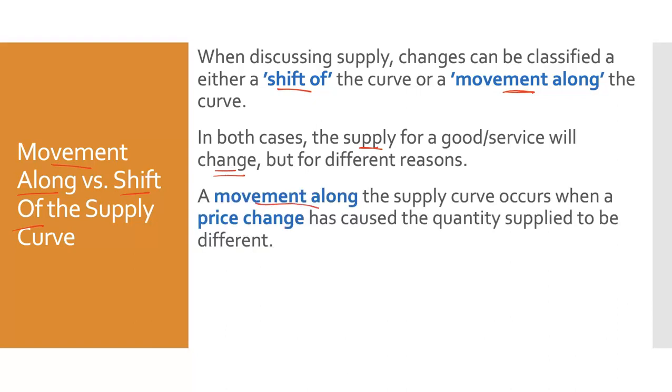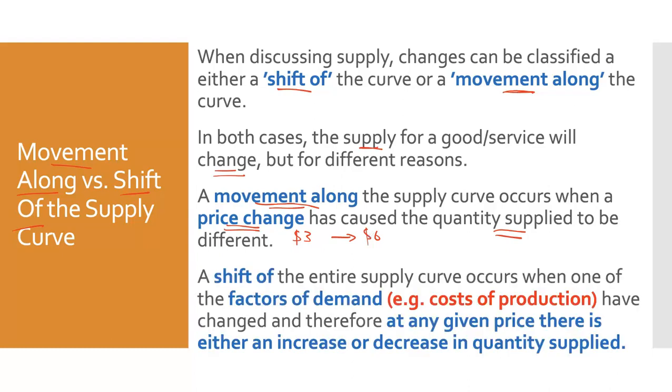In movement along the supply curve, the amount supplied has changed as a result of the price change. So the price change causes the quantity supplied to be different. For example, when we went from $3 to $6, the amount supplied went from 70 to 100.